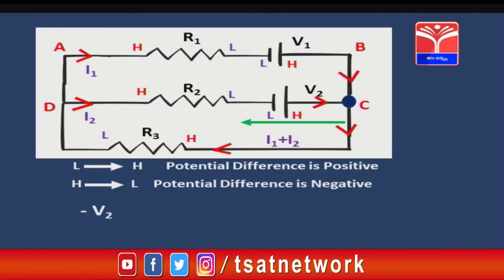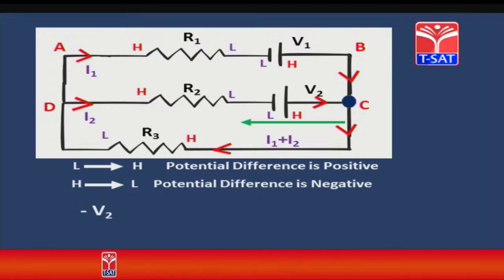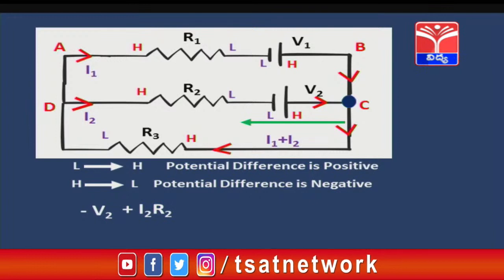So, we write minus V2 and then we come across R2 and we are moving from a low potential to high potential point and hence the potential difference across R2 is taken to be positive. So, the potential difference is I2 R2.